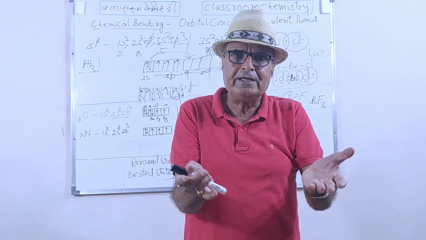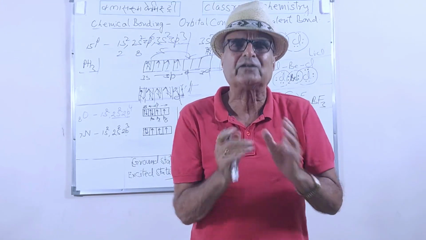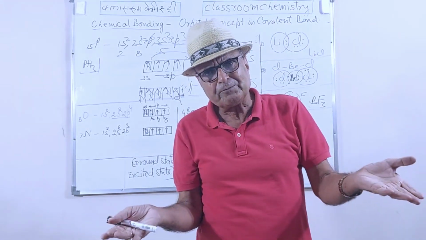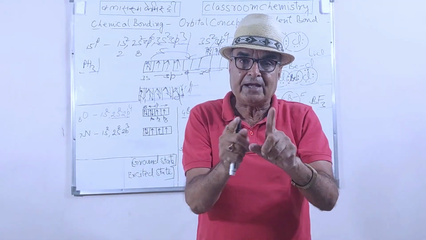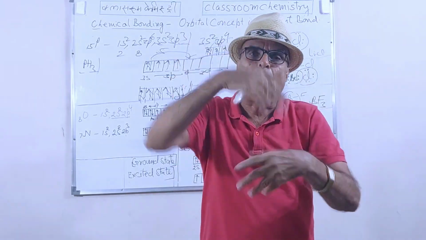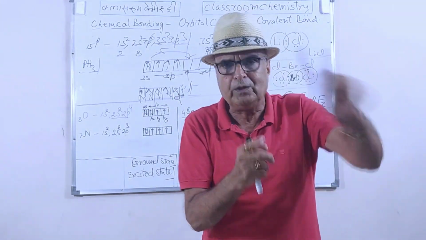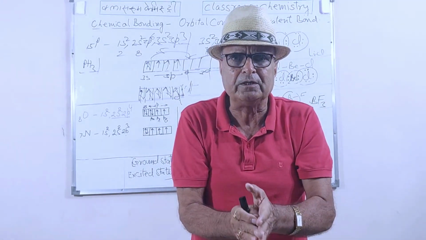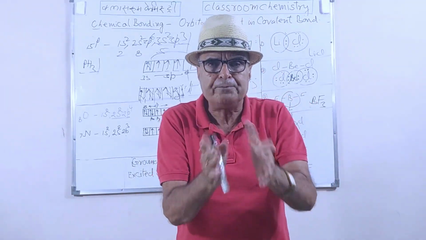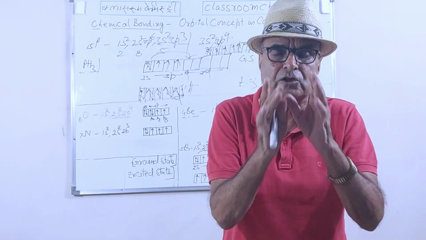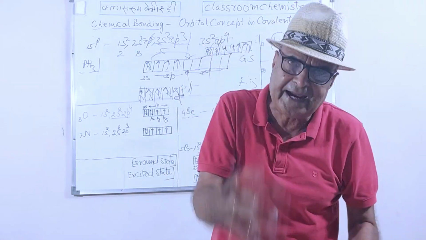Second, only an orbital which has a single electron will take part in the sharing, in such a manner that the spins of both shared electrons must be opposite. Third, the number of unpaired electrons tells us the covalency of that atom.